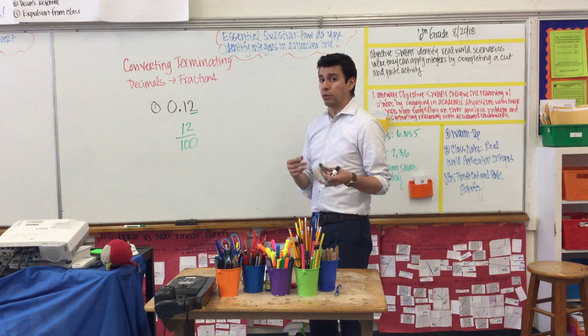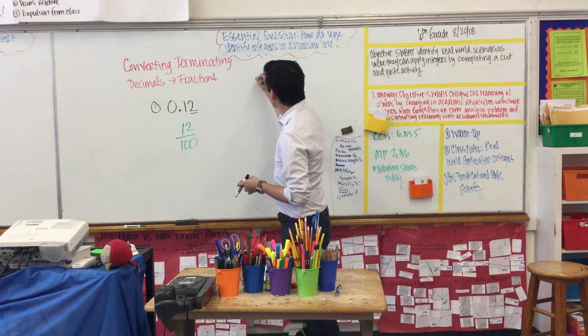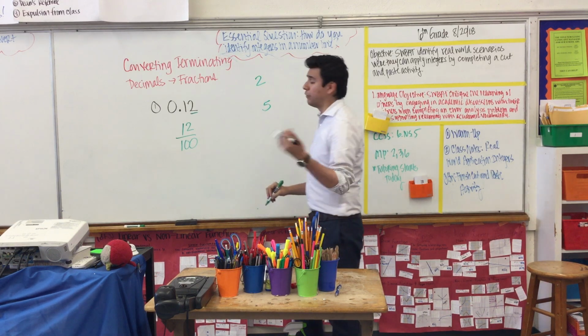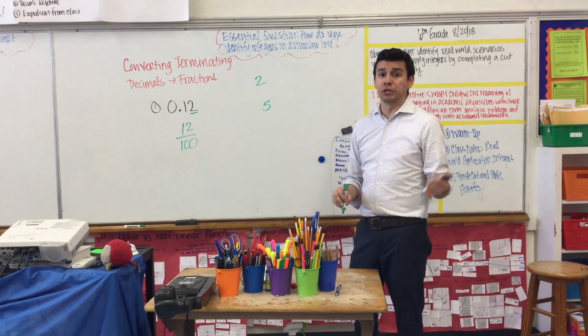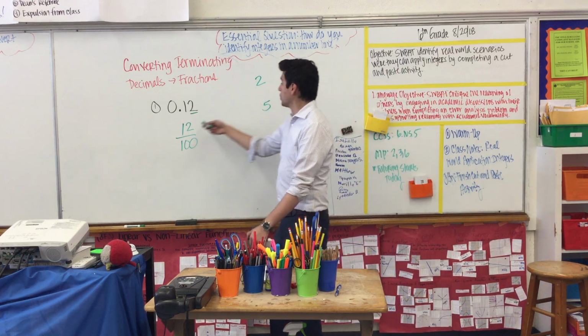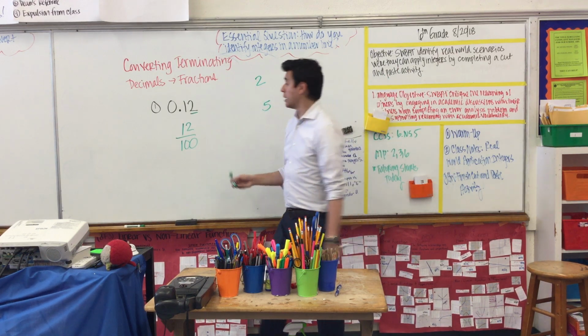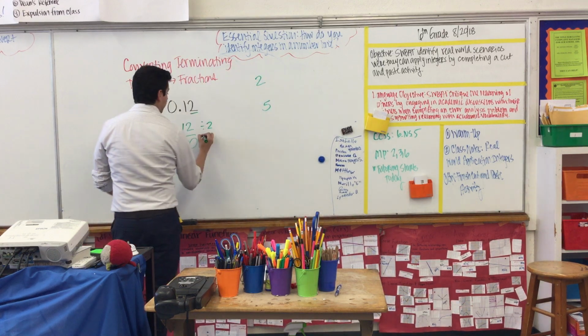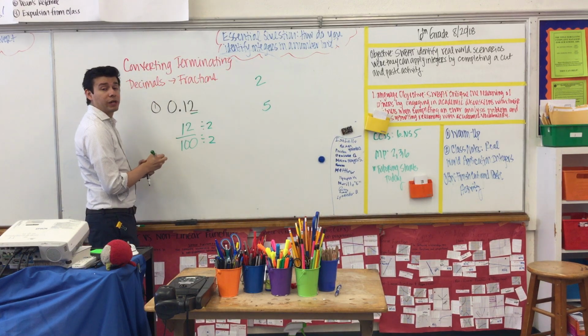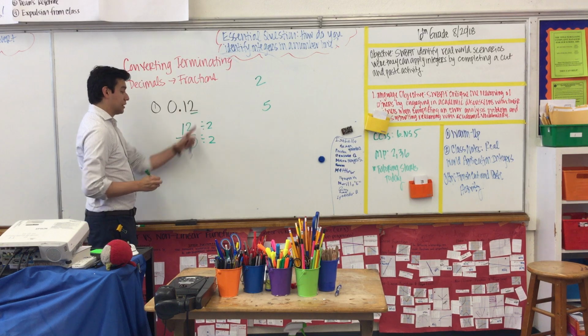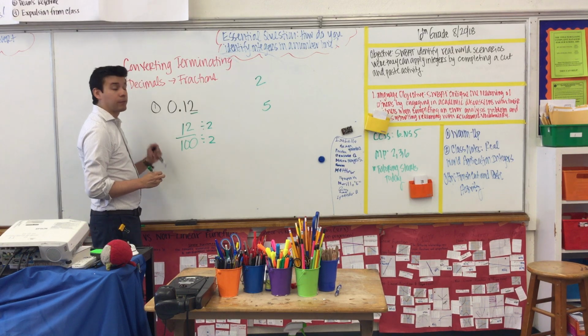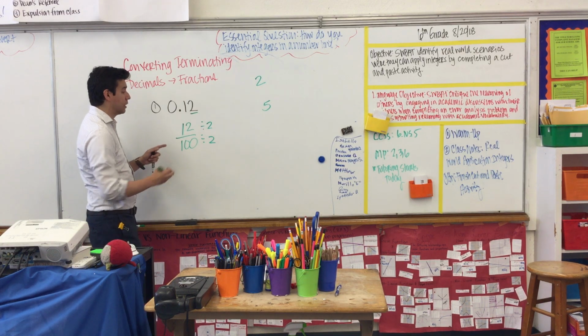So the numbers that I always use to reduce are 2 and 5. 2 and 5 are usually the best numbers to use to reduce. So can 2 go into both of these numbers? Yeah, it could. So divide both by 2, divide both the numerator and the denominator, divide this proper fraction. Remember, it's a proper fraction because the numerator is less than the denominator.